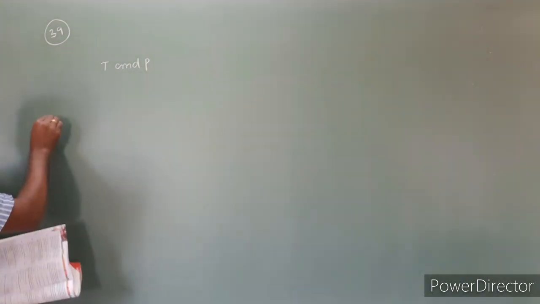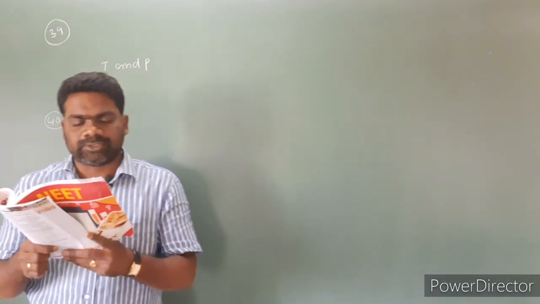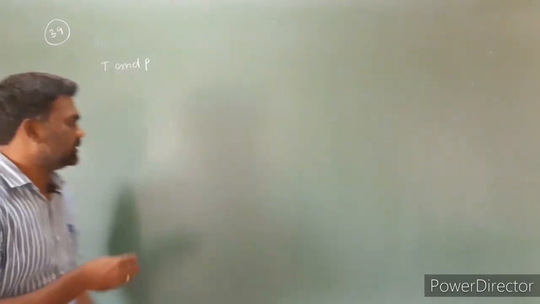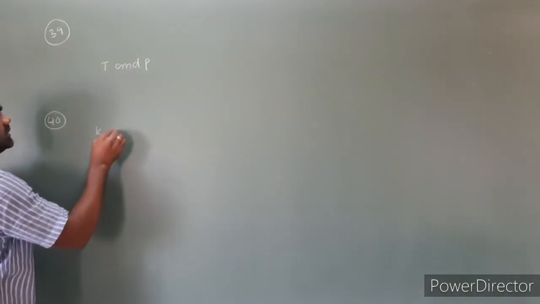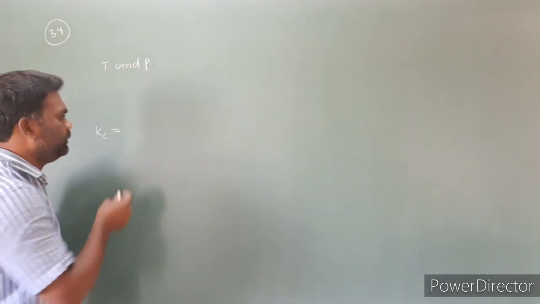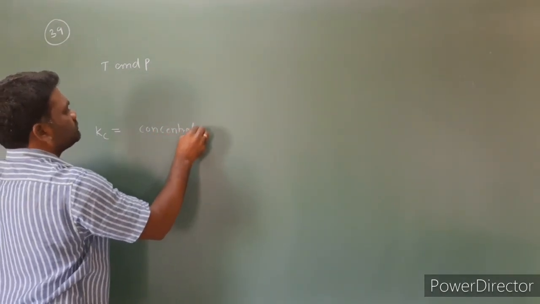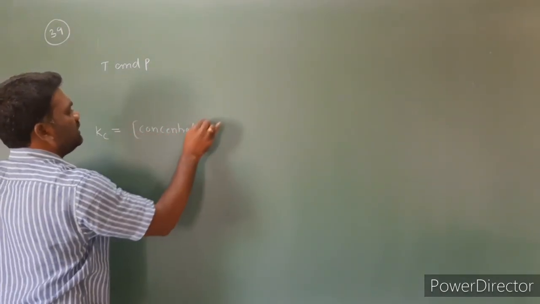Next, question number 40. Look at question number 40. The units of equilibrium constant Kc in general is. So, Kc is equal to the product of concentrations of products by the product of concentrations of reactants. Simply, we can take it as concentration power delta n.